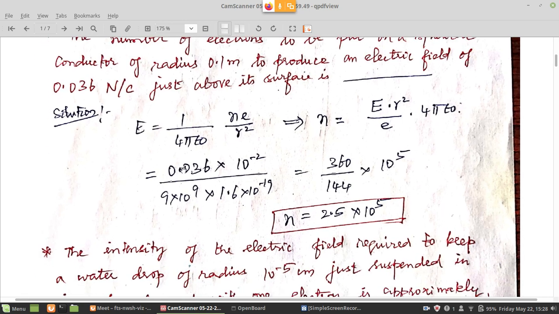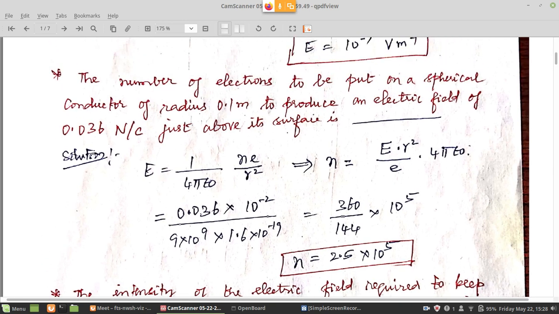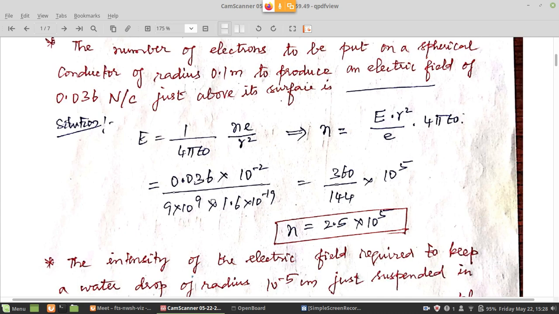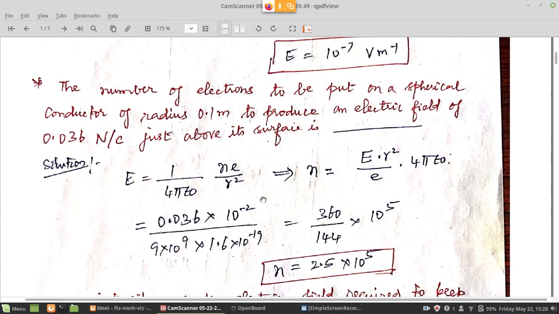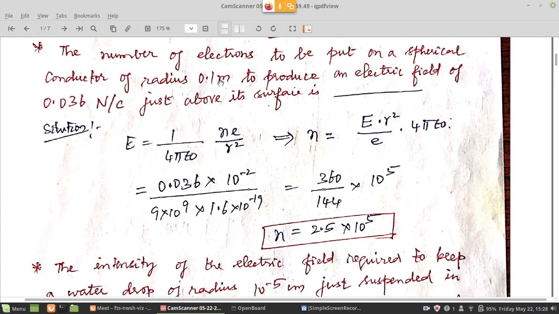So if you do it directly, you will get 0.036 into 10 power minus 2. That is because here 0.036 is given, and 0.1 meter is there, so that is 10 power minus 1. But when you square it, it becomes 10 power minus 2. So r square this is. And in the denominator it is 9 into 10 power 9. Why? Because 1 by 4 pi epsilon naught is 9 into 10 power 9. So in the numerator we'll have 4 pi epsilon naught, that is 1 by 9 into 10 power 9, so that's why it is coming to the denominator here.